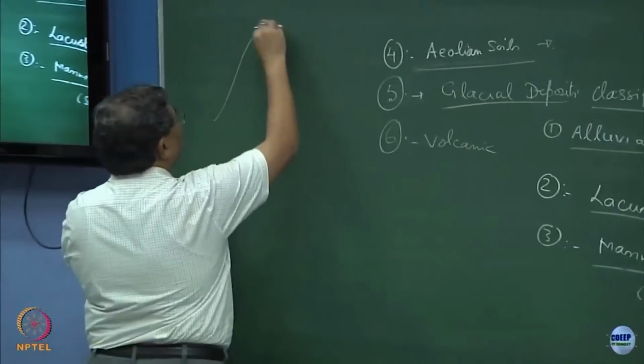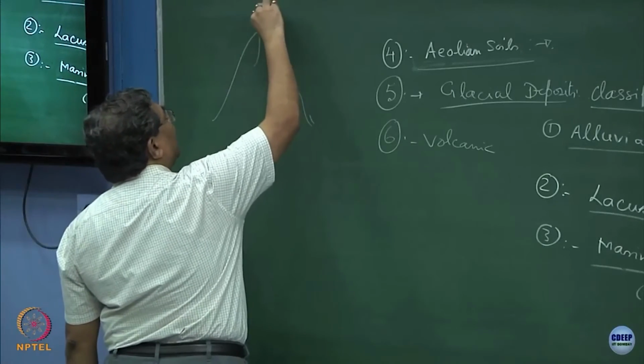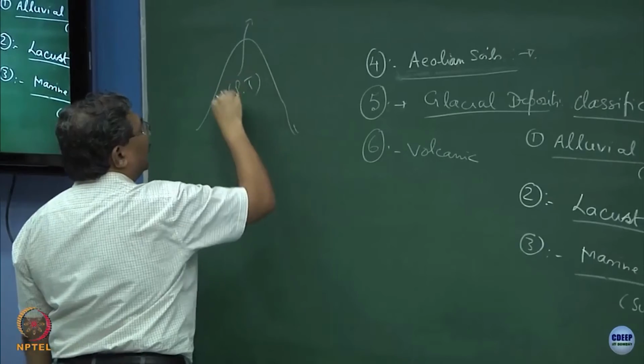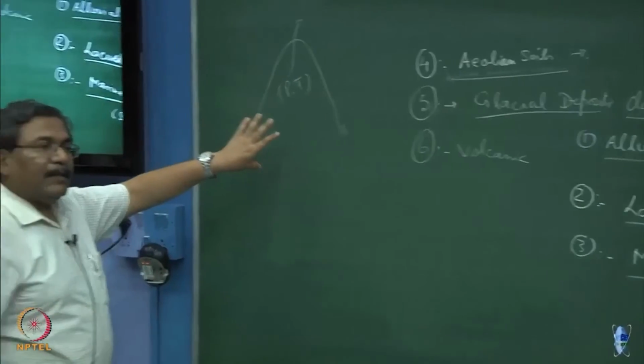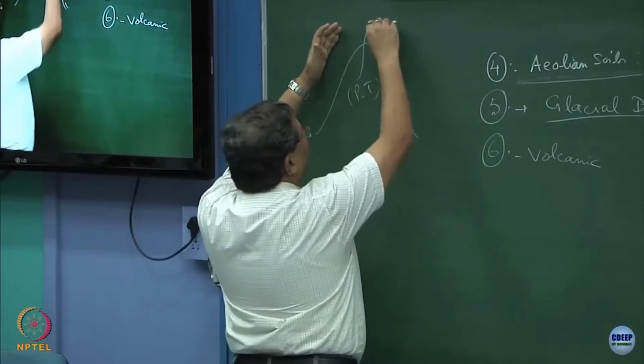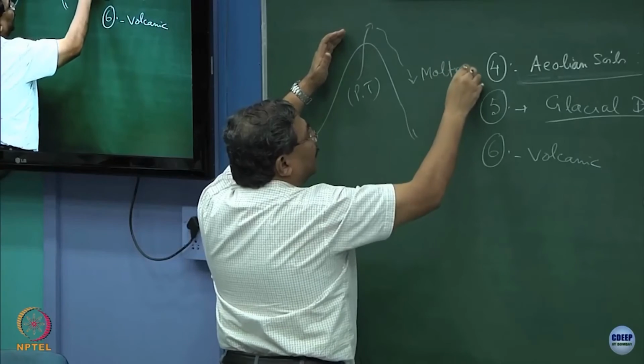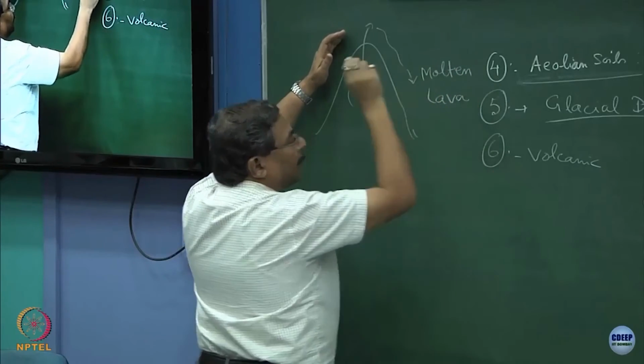From a volcano, when it erupts, what is going to happen? Under very high pressure and temperature, the rocks get molten, this thing starts flowing. So, this is your molten lava, and what happens?